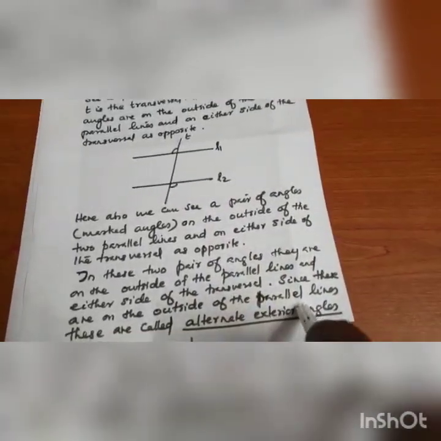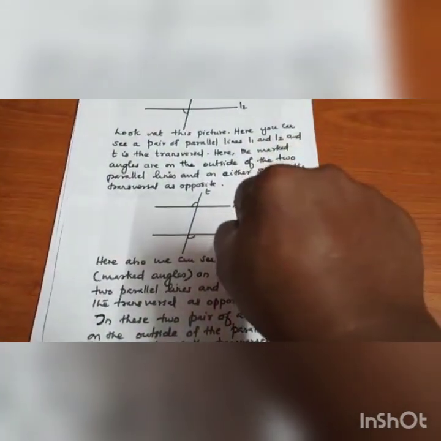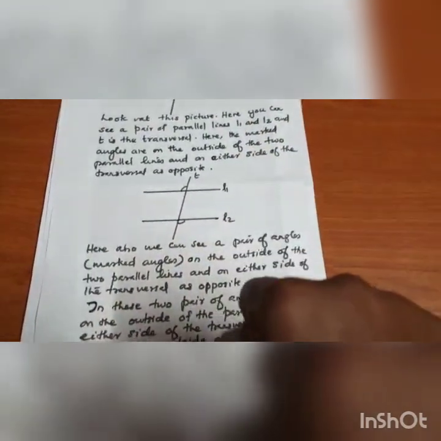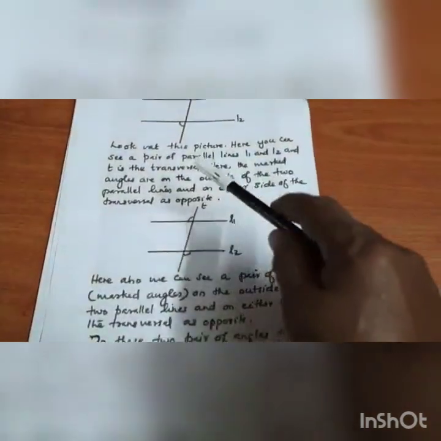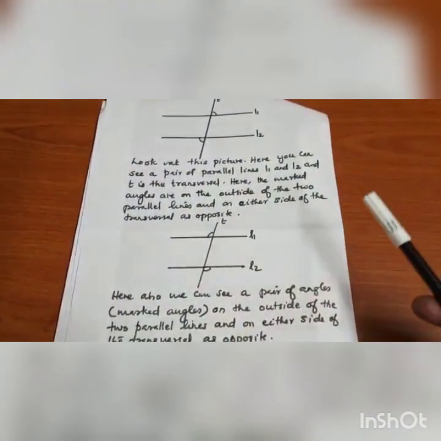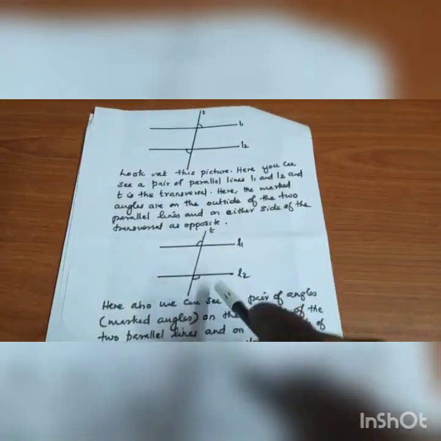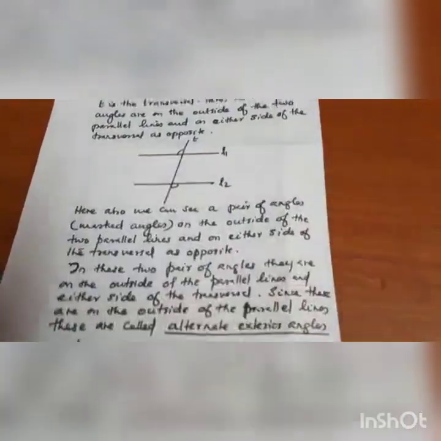Alternate exterior angles. So once again, a pair of angles that lies in between the parallel lines and on either side of the transversal, looking like opposite angles, are called alternate interior angles, and a pair of angles that lies on the outside of the parallel lines and on either side of the transversal, looking like opposite angles, are called alternate exterior angles.